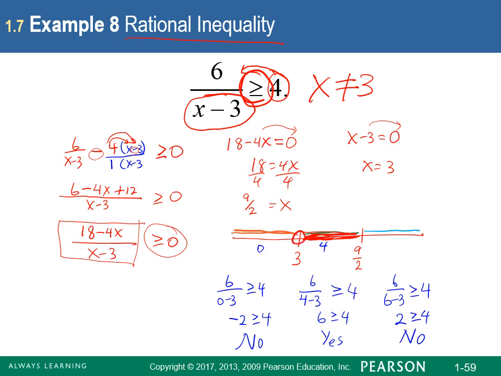However, back to what we've been saying all along, because this is greater than with a line under it, the 9 halves gets a solid dot. And so the interval notation for this would be 3 comma 9 halves, parentheses on the 3, bracket on the 9 halves.